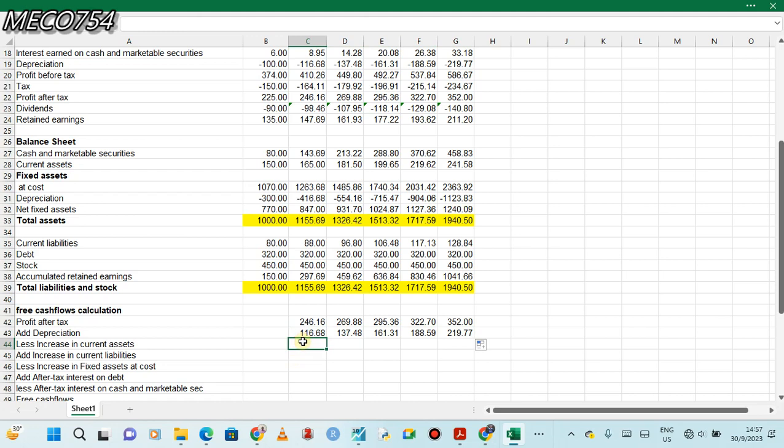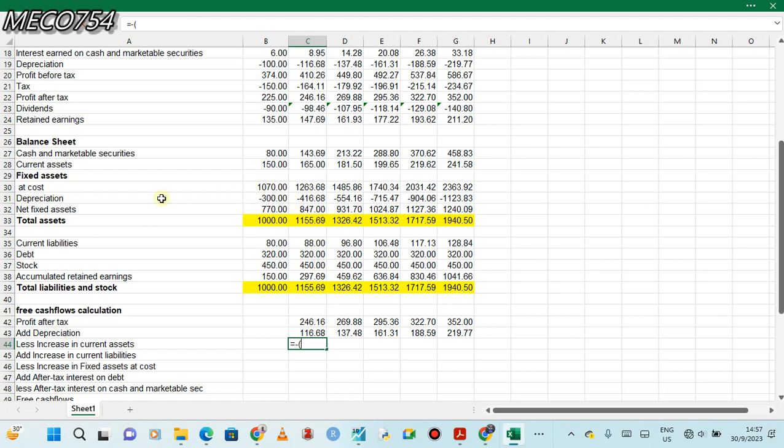For an increase in current assets, you have to subtract it from this value. So it's equal to negative, then a bracket.